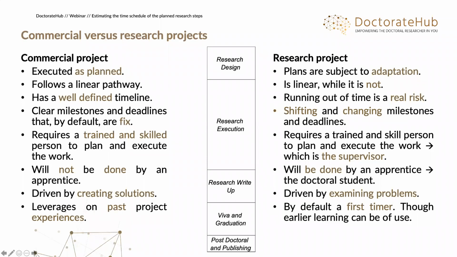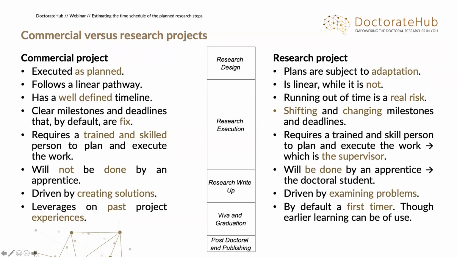Now, in a research project, we start out with a plan, so we also have milestones and deadlines, with the difference that they are shifting and changing. And some of the milestones you do not even know about at the start, because as the research progresses, knowledge becomes clear. As knowledge becomes clear, so do the milestones emerge. That's a very different tool.